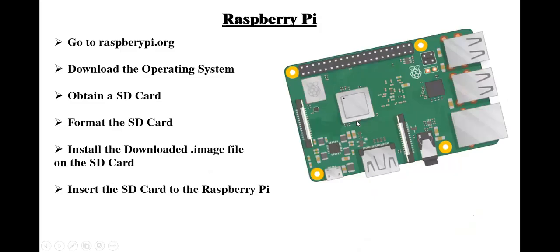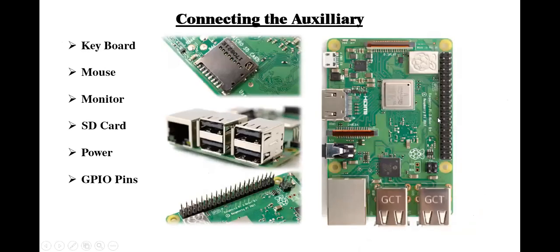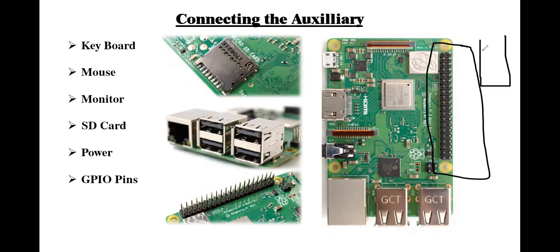We saw what the Raspberry Pi is and what the pins are. Here we can see these are pins. Similar to Arduino, we have pins. In Arduino, we have female pins, we may have holes. But in Raspberry Pi, we have male header pins.